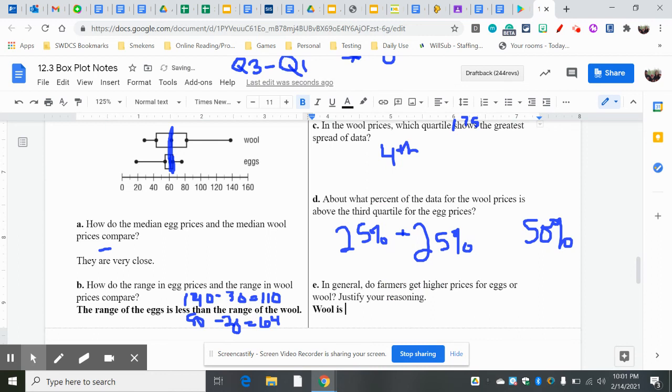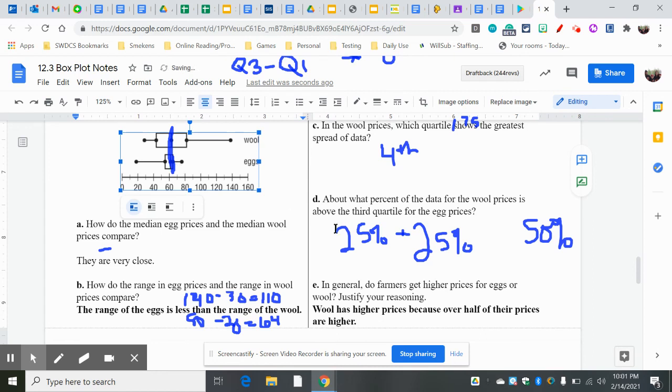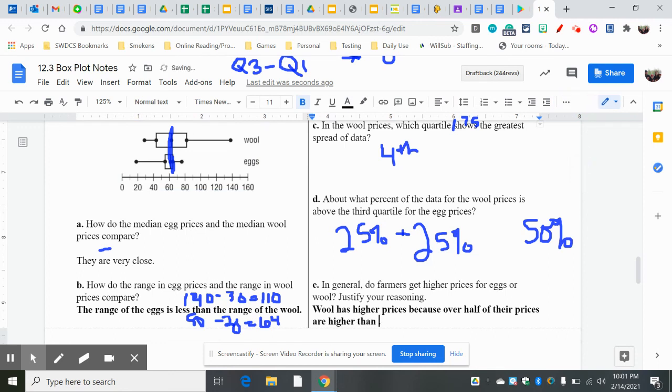Wool has higher prices because over half of their prices are higher. If I look at my graph here, more than half of them are higher than eggs. So wool has higher prices because over half of their prices are higher than eggs.